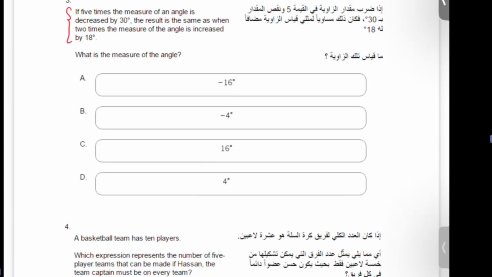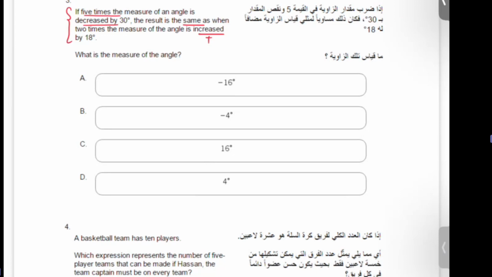5 times the measure of an angle decreased by 30. Let me take this part, and it is 5x, where x is the missing angle, decreased by 30, so 5x minus 30, is the same as, equal to, 2 times this angle plus, increased means plus 18.